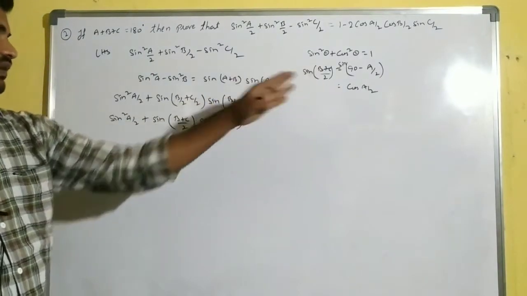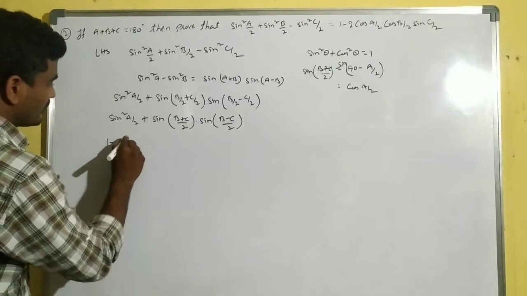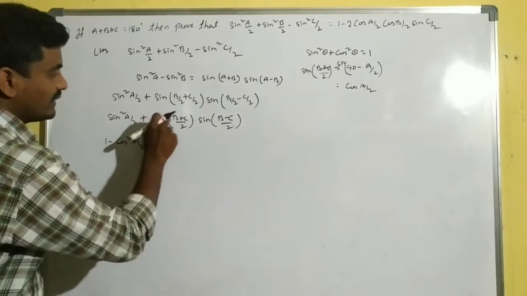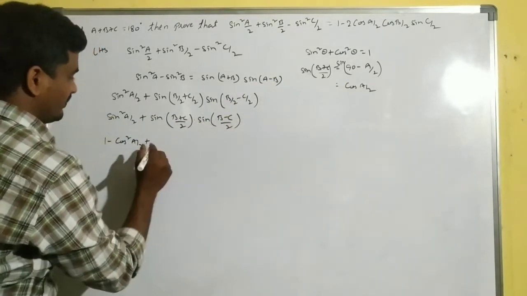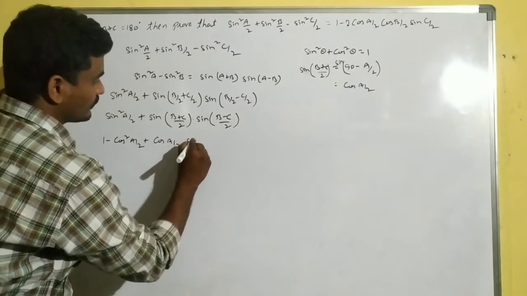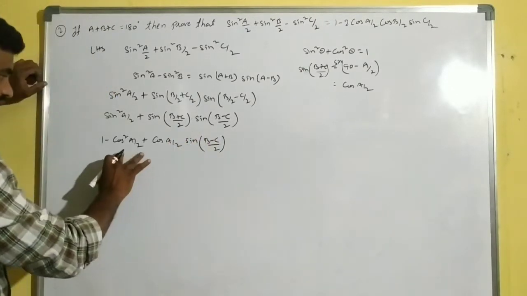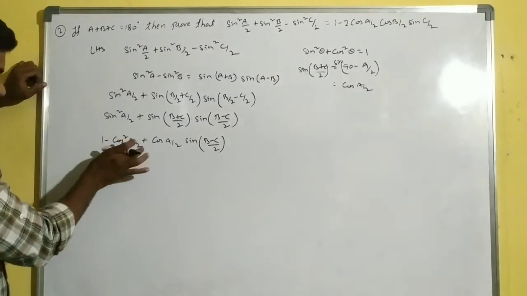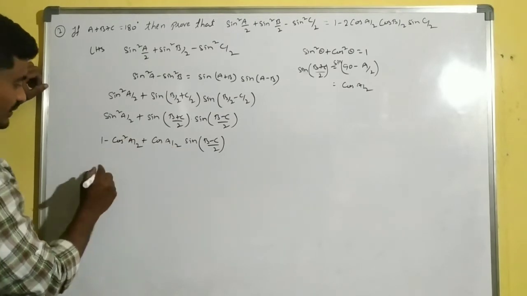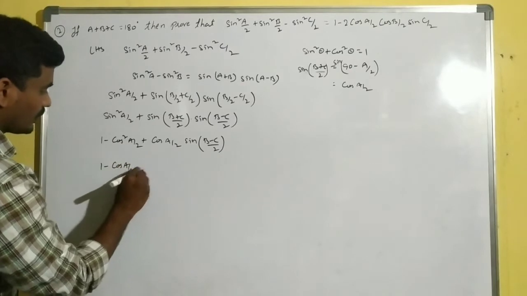With the help of that formula I am going to write the next step here: 1 minus cos square a by 2 plus sin of b plus c by 2, that is cos a by 2, and sin b minus c by 2. From these, two terms make one term and this is the second term. In this cos a by 2 is common, so 1 minus cos a by 2.